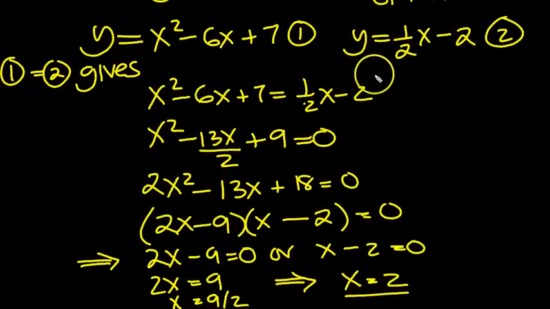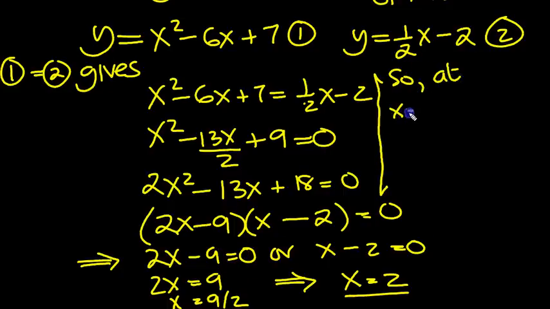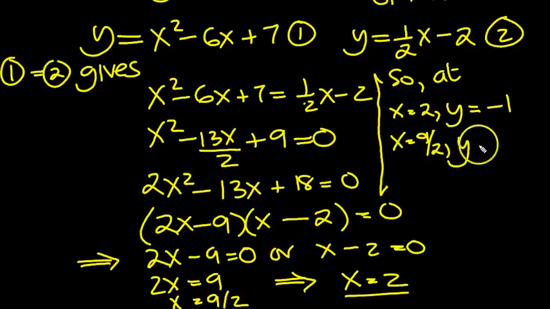Now we can put in, I'll put it here for part 1. And then I'll move up the page. So let me just put it here for now. So at x equals 2, y equals, put 2 in, 2 over 2 is 1, 1 minus 2 is minus 1, and put 9 over 2 in, equals 9 over 2 will be 9 over 4, which is 2 1/4, take away 2 is 1/4.